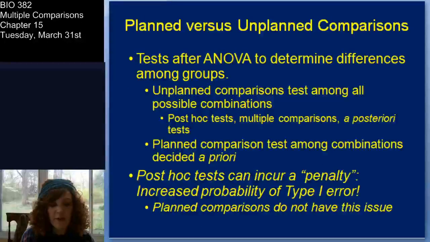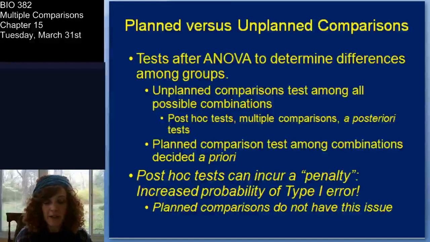Within the tests that you can run following a significant ANOVA, you have planned and unplanned comparisons. Planned comparisons are what I'm going to show you first, and they test among combinations that you decide a priori.